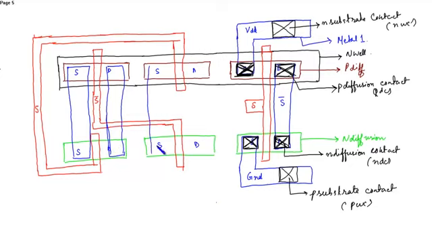Similarly over here. Okay. So now this is input I0 and this is input I1. These two are the output.